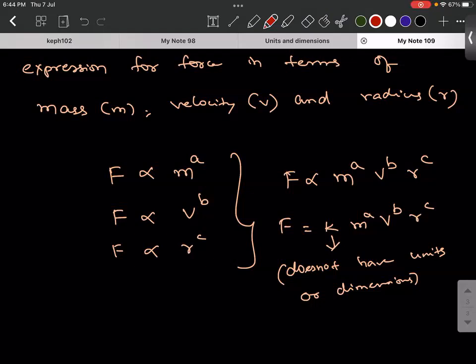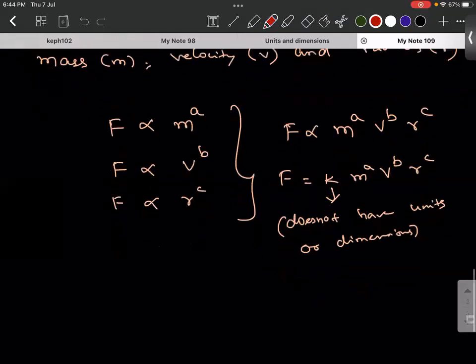That also has units. So whenever you are using dimensional analysis to derive a physical quantity, you first start with proportional only. But when you introduce a constant, you should always ensure that it is a dimensionless constant, because we don't know the nature of it. This is the first rule to be followed.